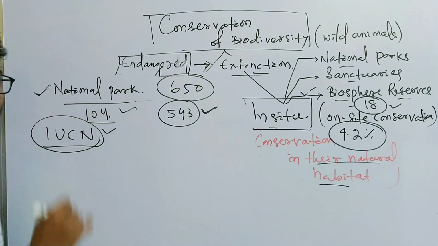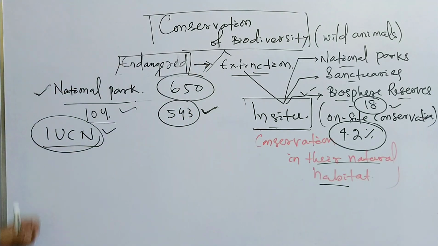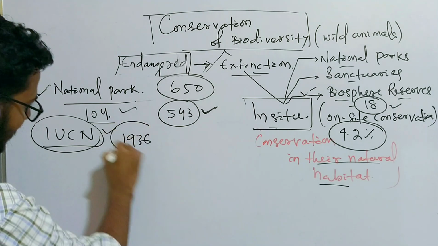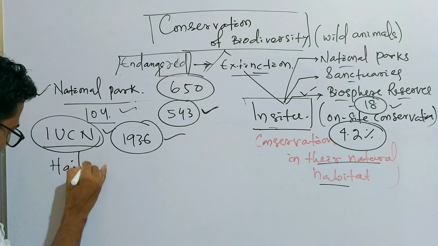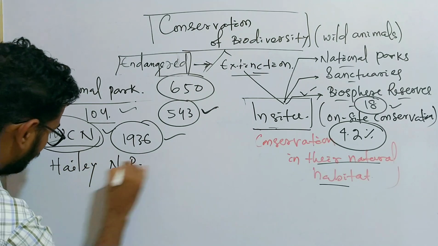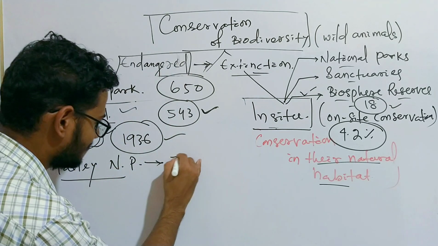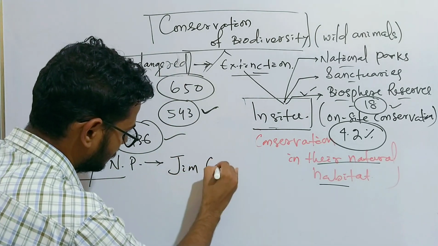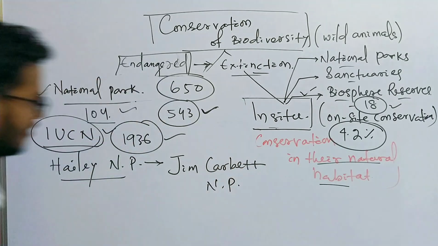A total of 104 national parks are there in India, and remember, the first national park in India was established in the year 1936, and the national park is Haley National Park, which is now called the Jim Corbett National Park, right?